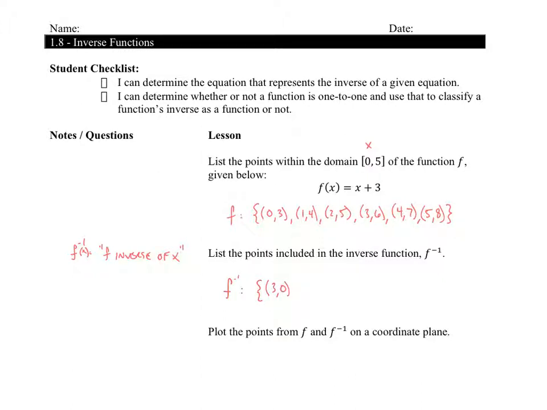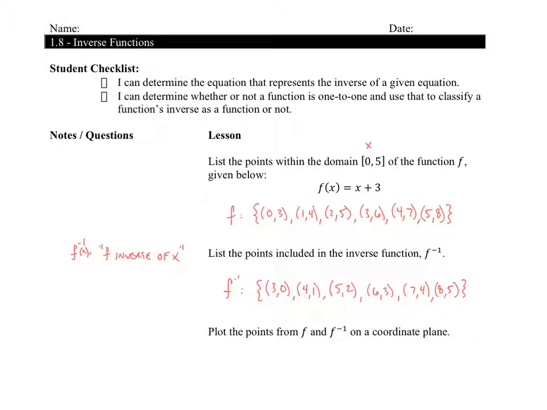That's a point within the inverse function. And the next point would be the point (4, 1), (5, 2). So notice that what I'm doing here is I'm just taking each point in the original function and flipping the x value for the y value and vice versa. So now I have all the points given in the inverse.